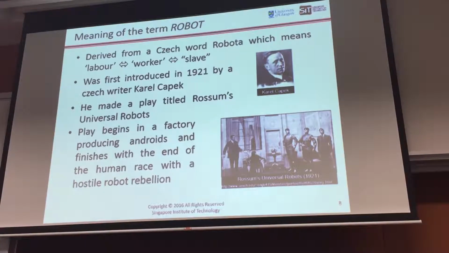Now this was something he came up with as a playwright, and through that it sparked ideas in people's minds. There is a way we can use sensors and actuators, put them together, and get these things to do useful things for us.